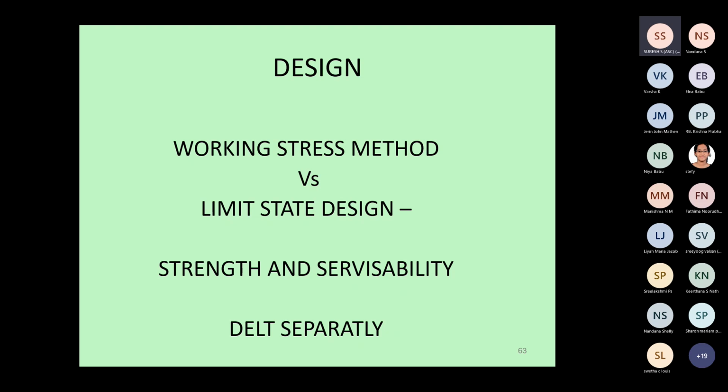In addition, when we occupy the structure, we generate imposed loads or live loads in the structure. Also, there may be moving loads if some vehicles are moving, or some cranes are moving. So these loads will have different magnitudes and different directions.